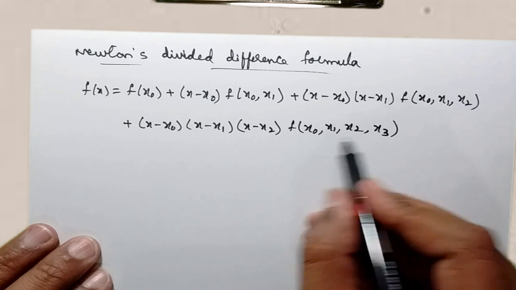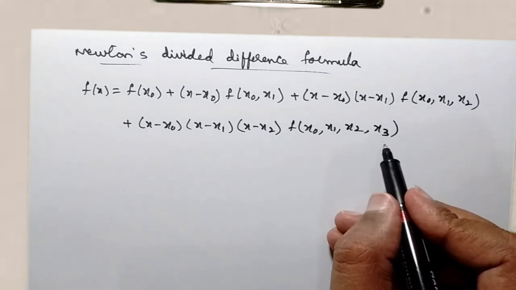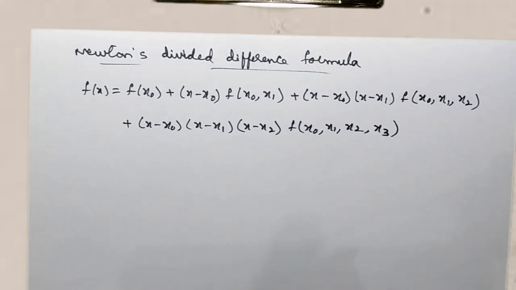So have we got all the values, f of x0 x1 x2 up to x3. So x3 is the last value in the expression.